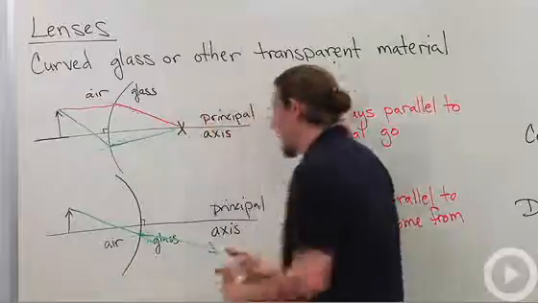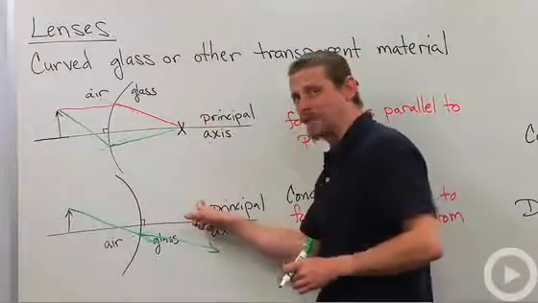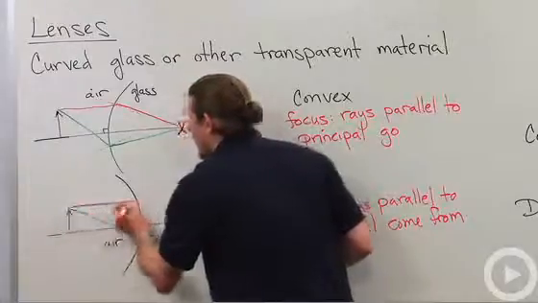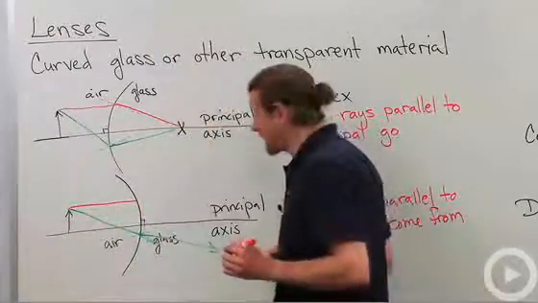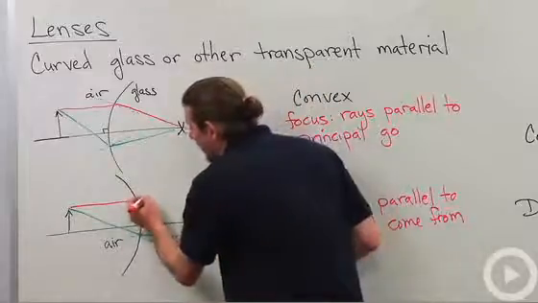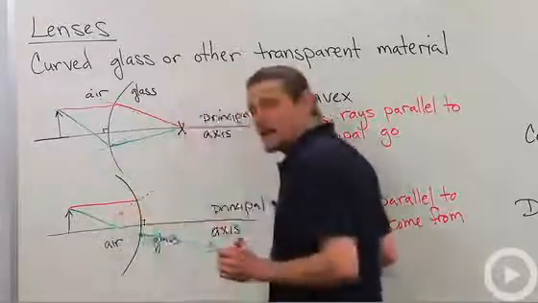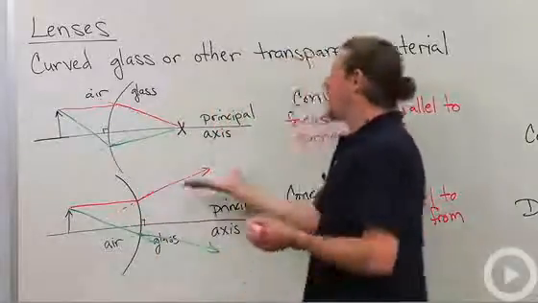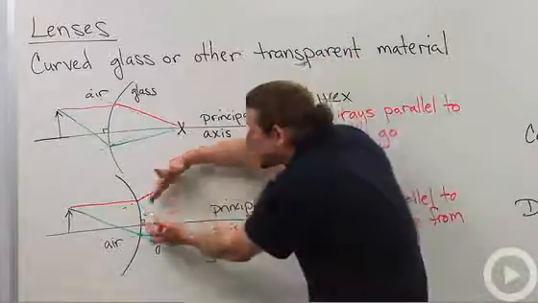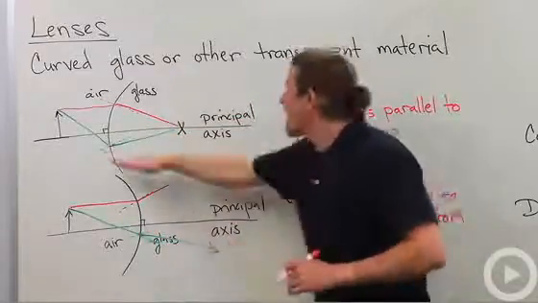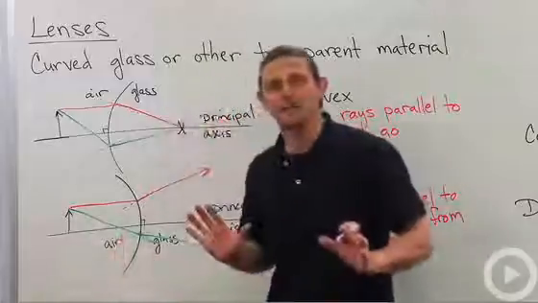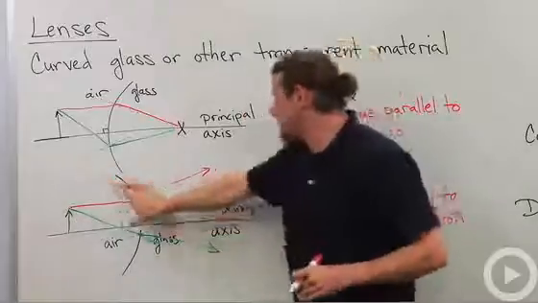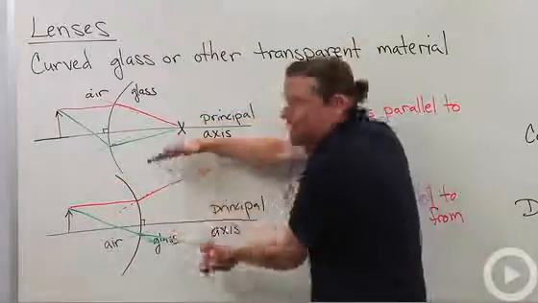Now notice this light ray is not going towards the principal axis. So something different's going on. Let's give ourselves a light ray that's parallel to the principal axis. Again, I need a normal, and I need to bend toward the normal. Like that. So this guy is causing the light rays to diverge. So concave glass is called diverging, all right? Because light rays come in and then they split apart.